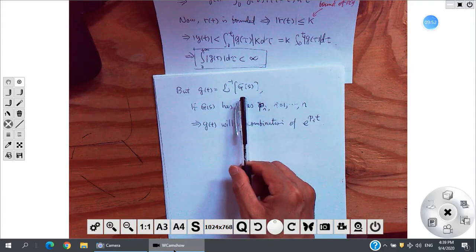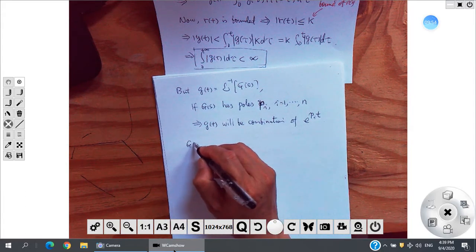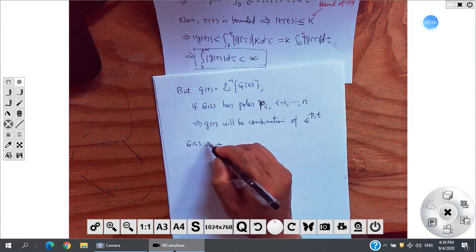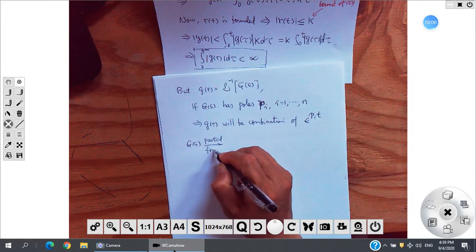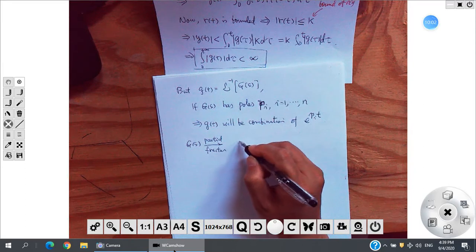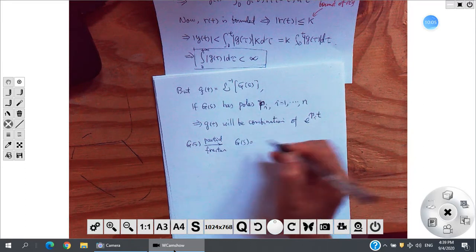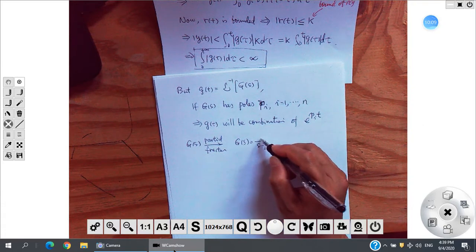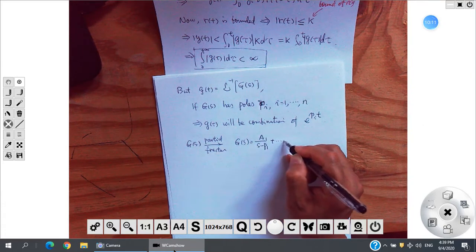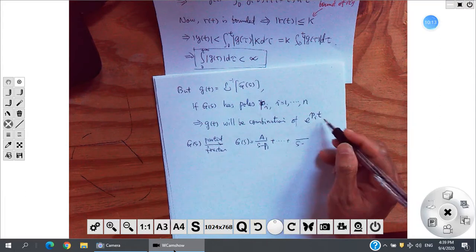You perform partial fractions of g of s, then you have G of s equal to A1 over s minus p1, until An over s minus pn, with n terms.